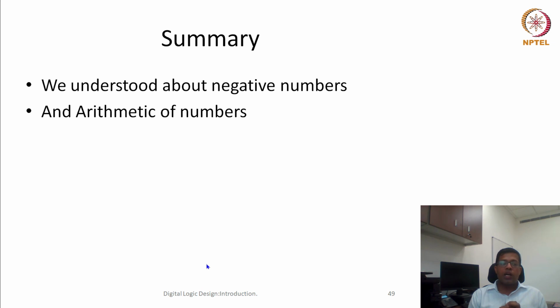I would say it's not like that. Each of them has its own purpose or its own qualities. Sometimes we do use sign magnitude numbers, sometimes we do use the offset or biased method of representing negative numbers as well. We'll see in some of the later classes how we use them.